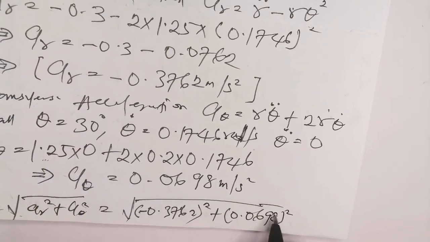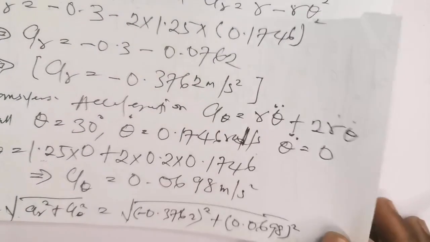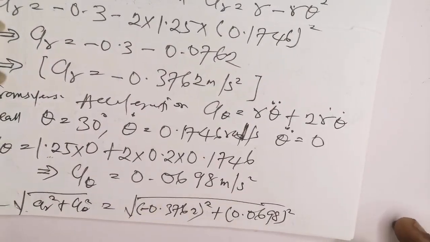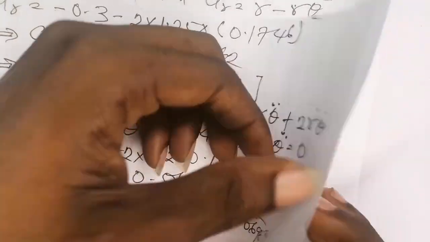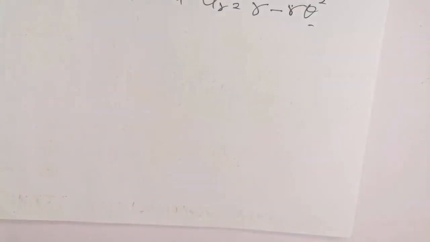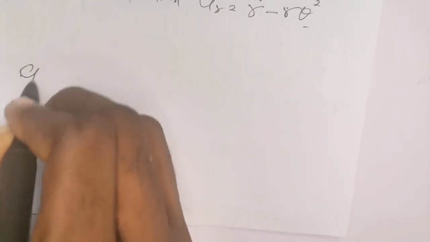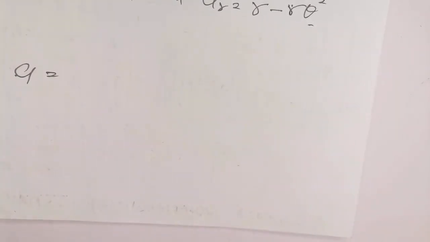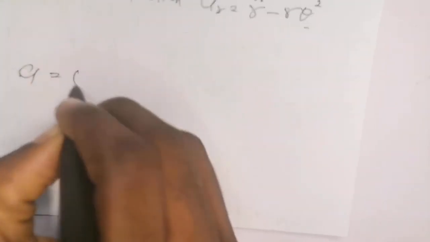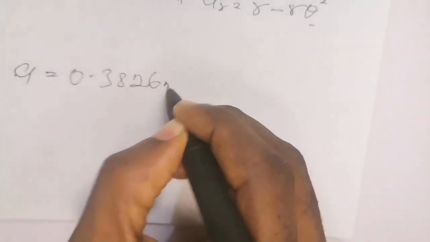So upon squaring and taking the square root, we have the acceleration a equal to 0.3826 in meters per second squared.